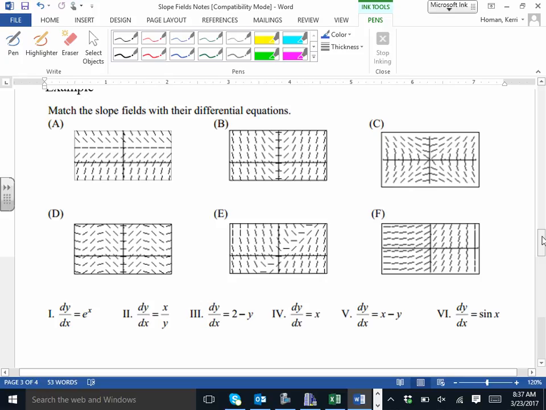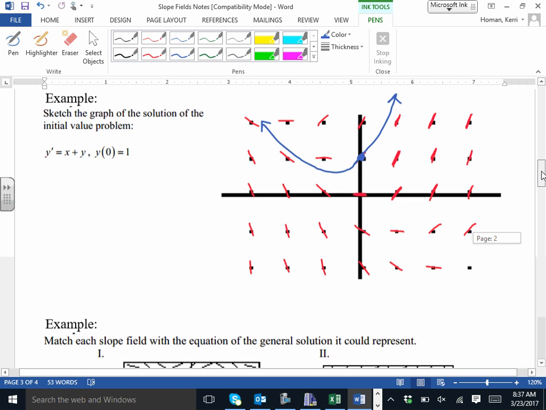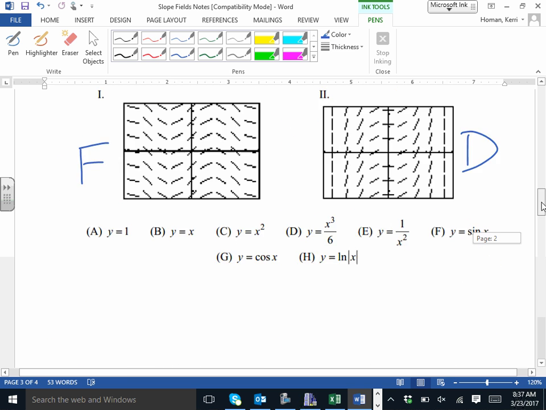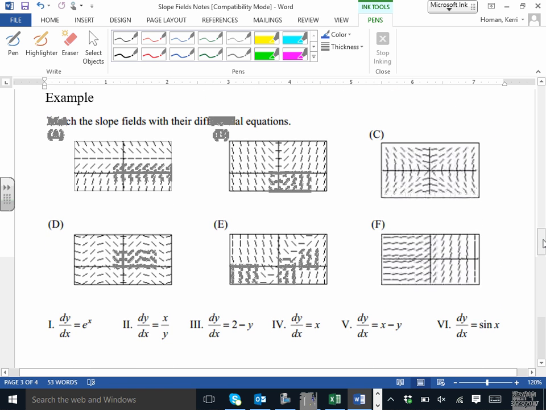Now remember, we use derivatives to create the slope fields, like we had dy dx equals x plus y, and that's how we got our slopes. So now take a couple minutes with your pod and match these 6 slope fields with the 6 differential equations.